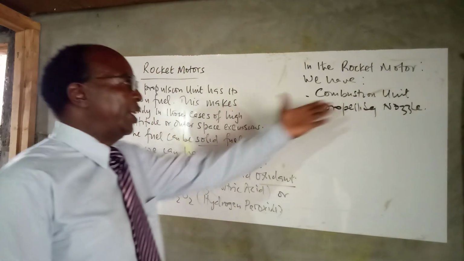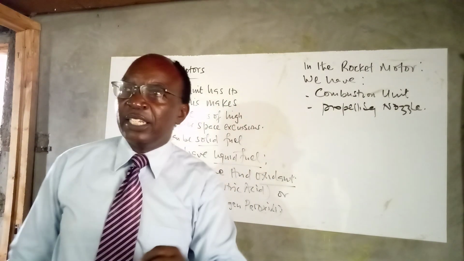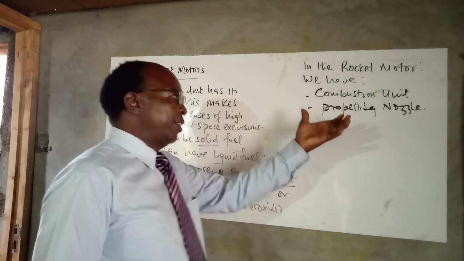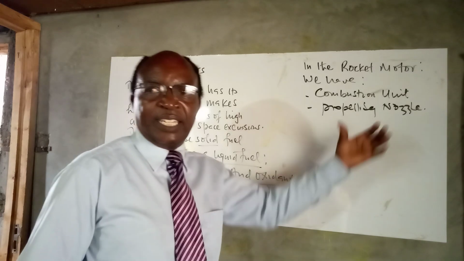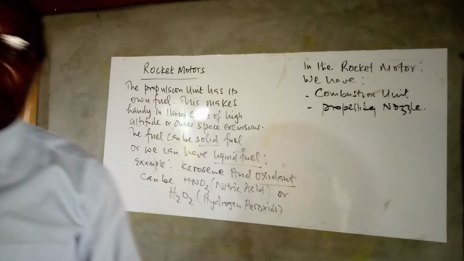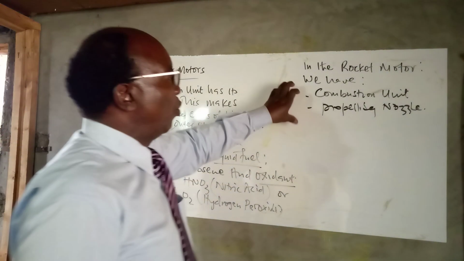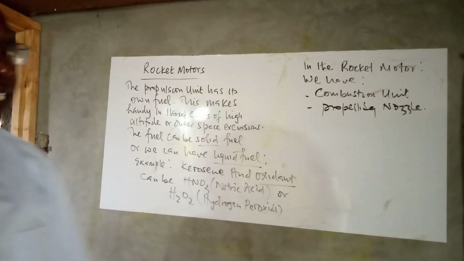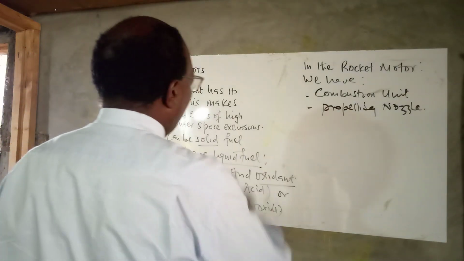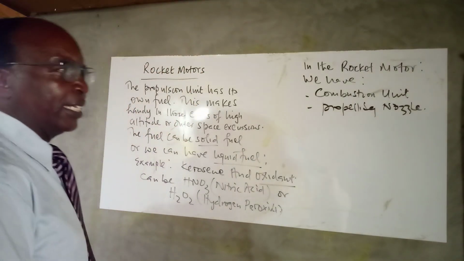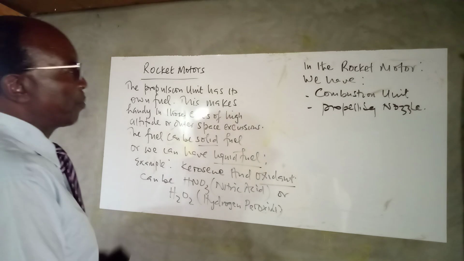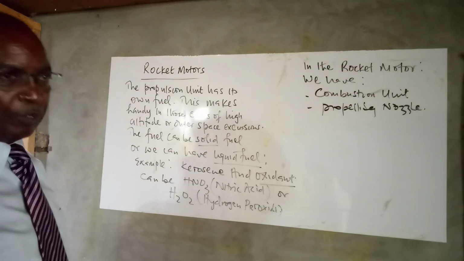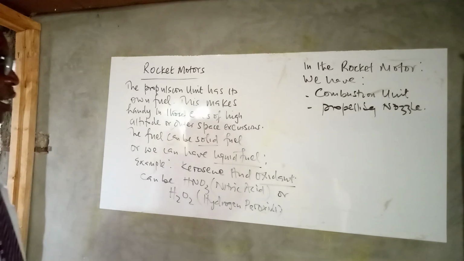In the combustion unit of the turbojet engine, we could have a compressor, then the combustion unit itself, and a turbine. Remember that? In the case of the ramjet engine, we didn't need a compressor or a turbine. We just had the diffuser, the combustion unit and the propelling nozzle. Now, in the rocket motor, we have the combustion unit and the propelling nozzle. So it's very critical and important for us to note that.